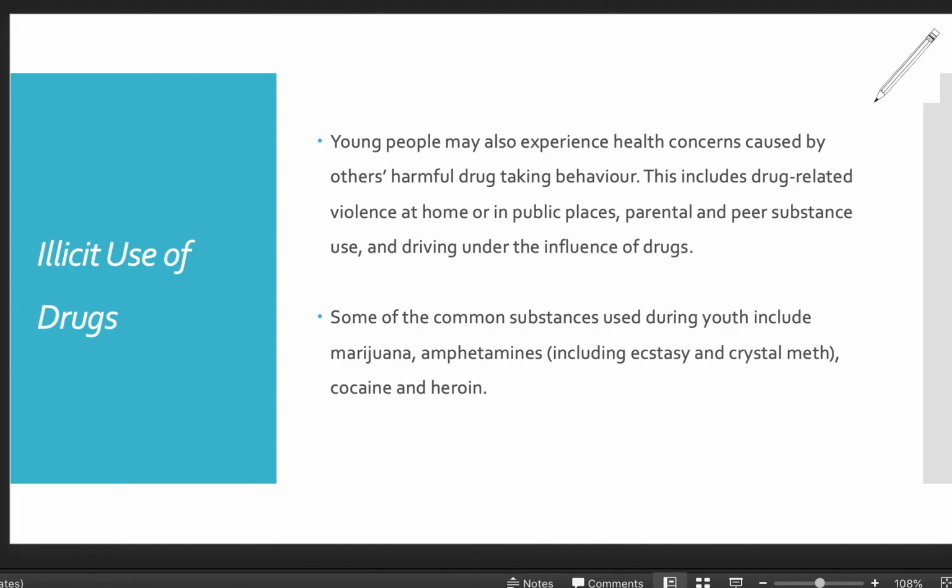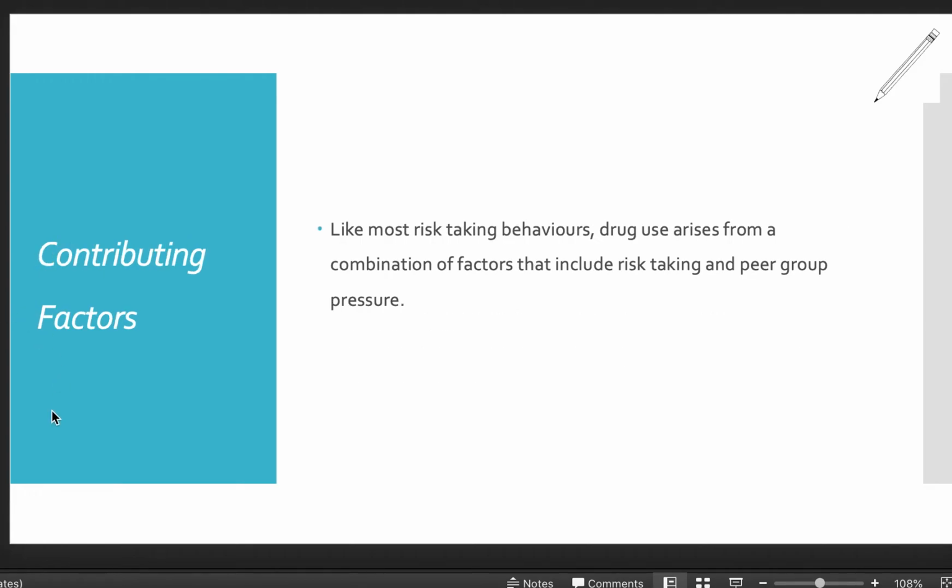Some of the common substances that youth might choose to use or partake in is marijuana, amphetamines such as ecstasy or meth, cocaine, and heroin. Like most risk-taking behaviors, drugs usually arise from peer group pressure, but also other factors like socioeconomic status, area in which somebody is being brought up and developed, and also it might just be cultural influences as well.